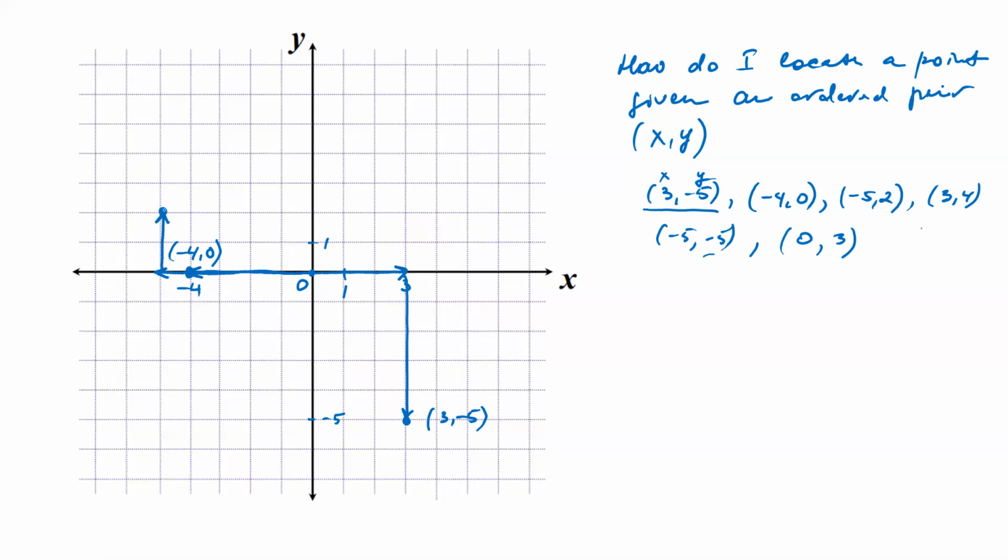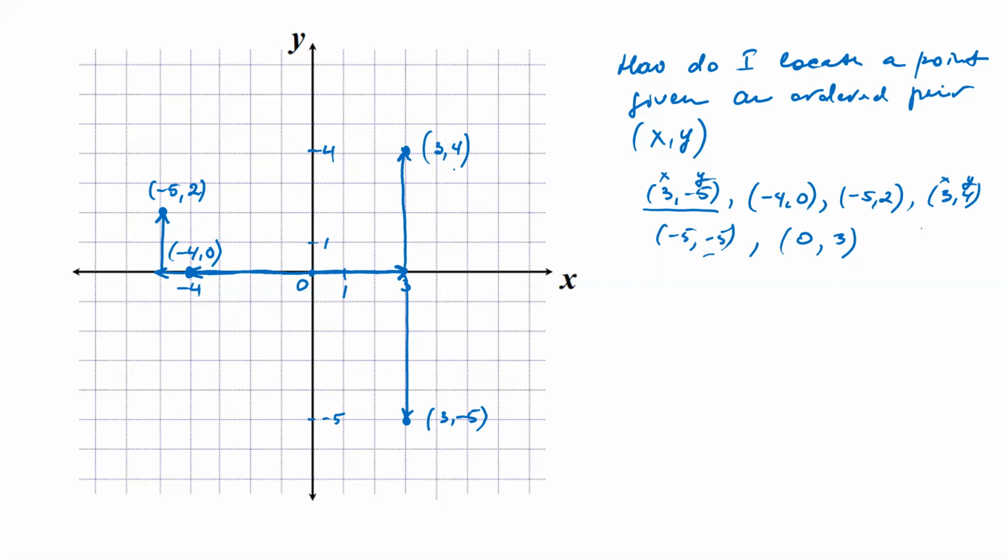So this is the point with coordinates (-5, 2). Next one, (3, 4). So remember, the first one is x, the second y. So that means I have to move 3 units to the right and 4 units up. So let's mark here 4. So this is the point with coordinates (3, 4).